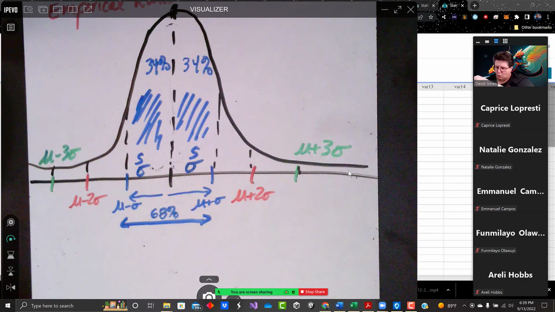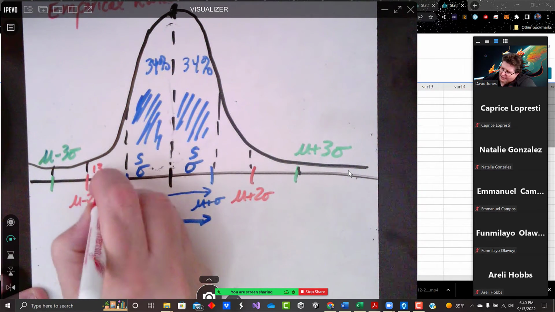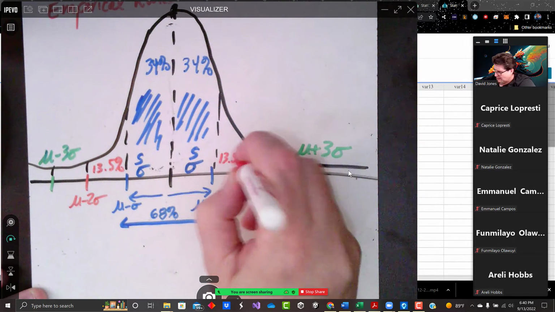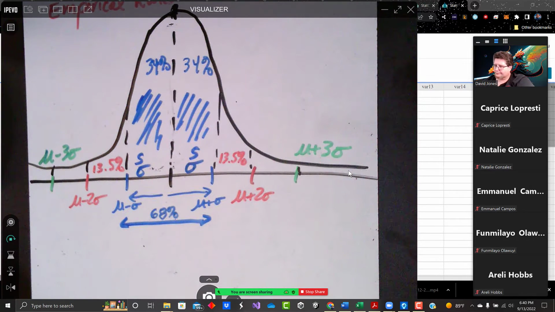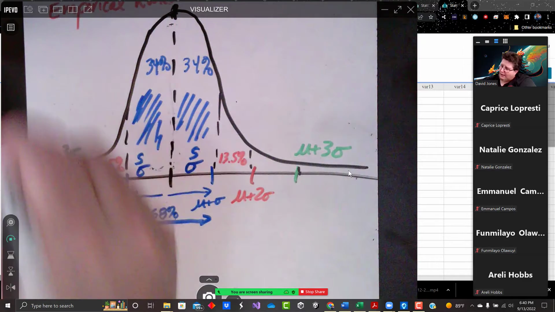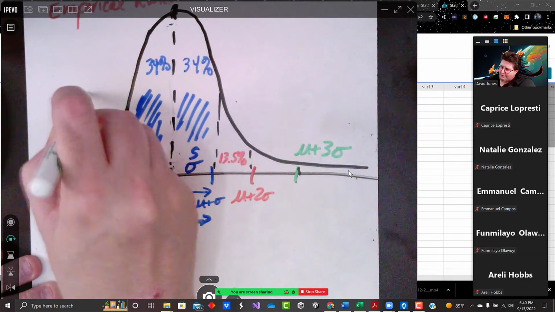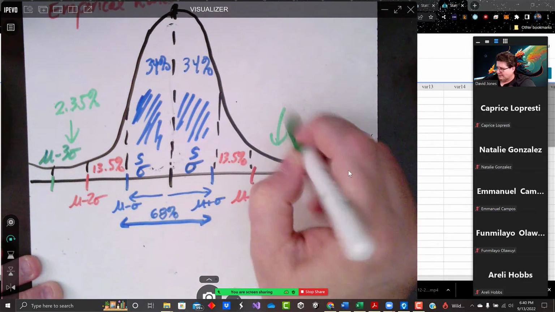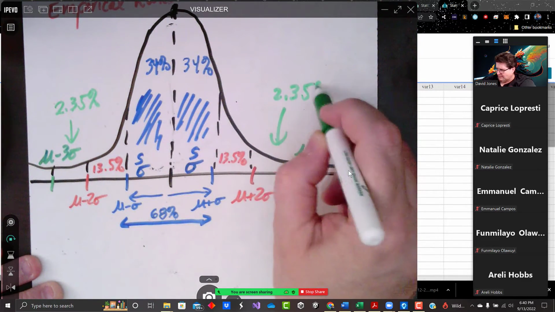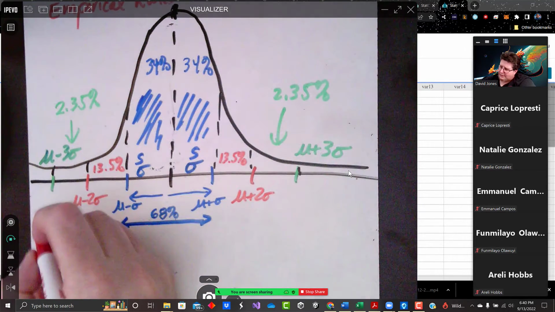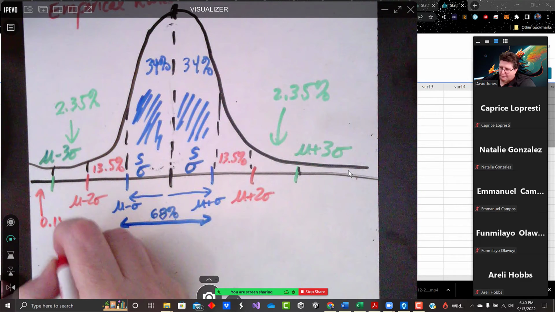Then if we go one more over, there is 13.5% of the data in these sections. Not lastly, there is one more section. We have 2.35% here and here. And in the final regions, we have 0.15%.